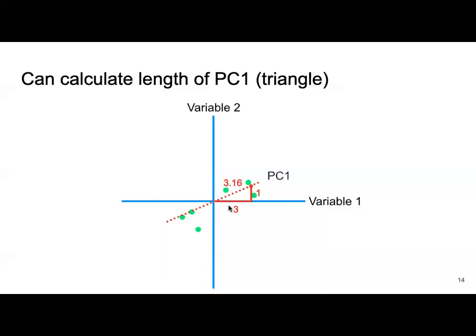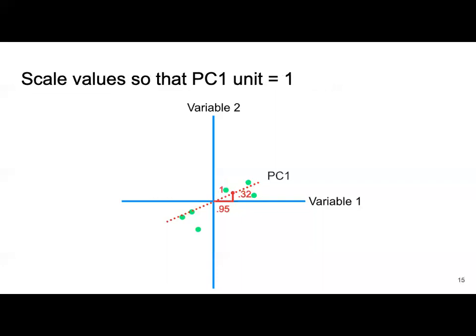So we divide all of these numbers by 3.16, and we end up with these values. Then we can say that for every 1 unit change in the principal component, it consists of a loading of 0.95 on variable 1 and a loading of 0.32 on variable 2.